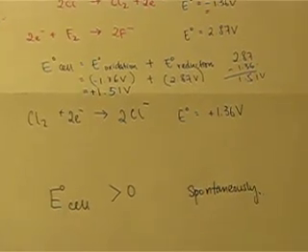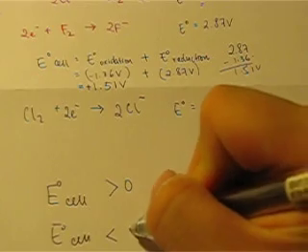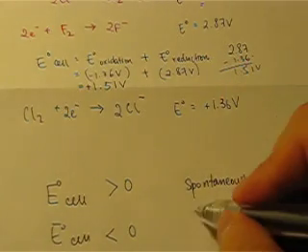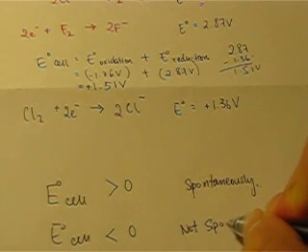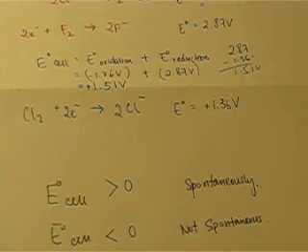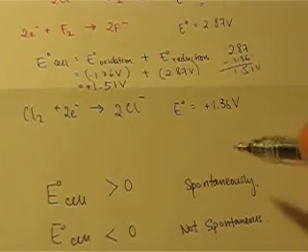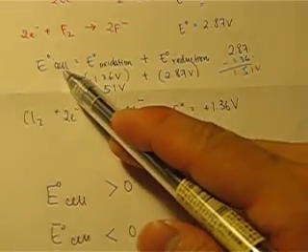Okay. If the E cell is smaller than 0, that means it is not spontaneous. Okay, so this is the significance of the calculation E0 cell.